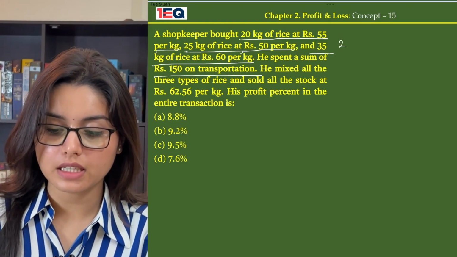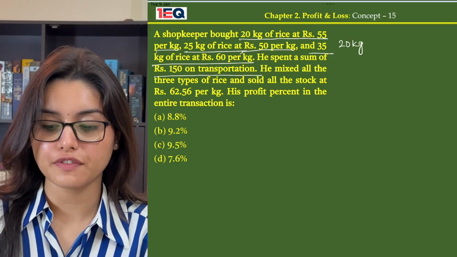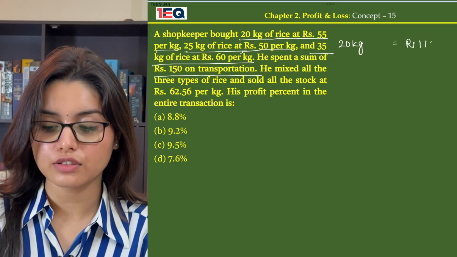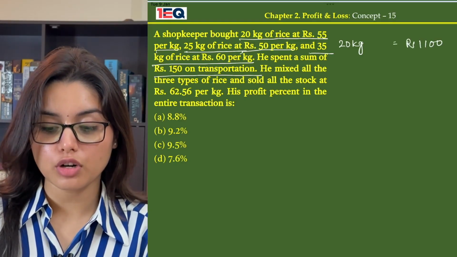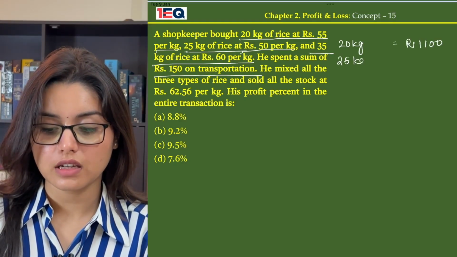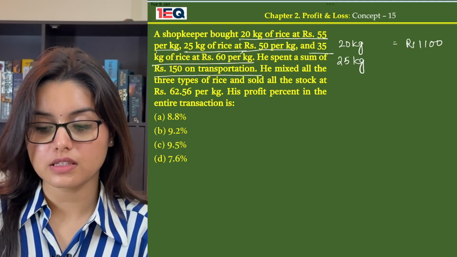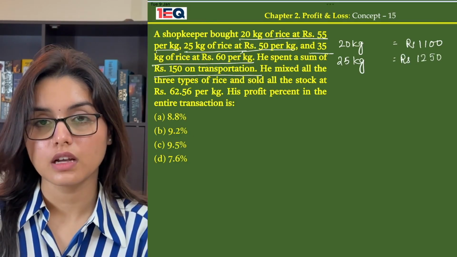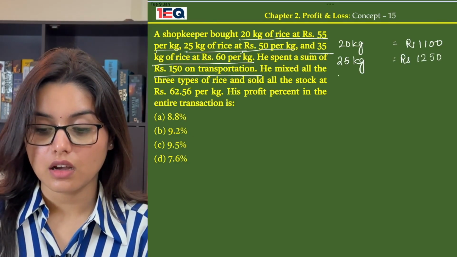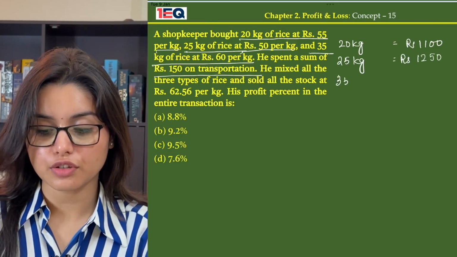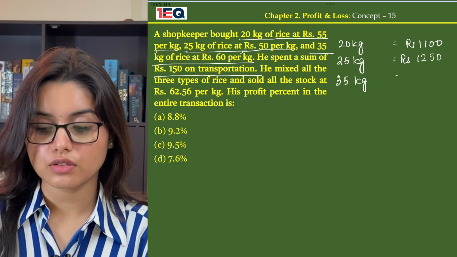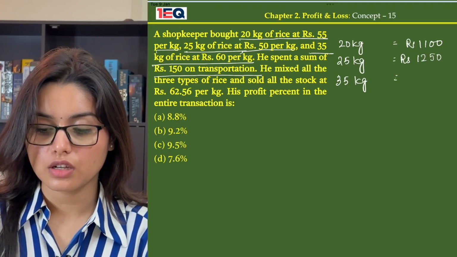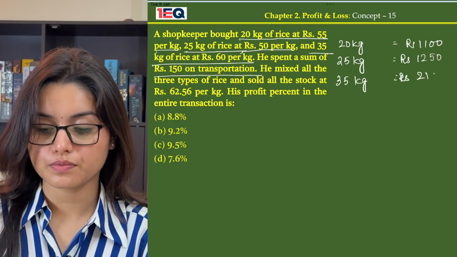He bought 20 kg of rice at rupees 55 per kg, spending rupees 1100. Then he bought 25 kg of rice at rupees 50 per kg, spending rupees 1250. Then he bought 35 kg of rice at rupees 60 per kg, spending rupees 2100.